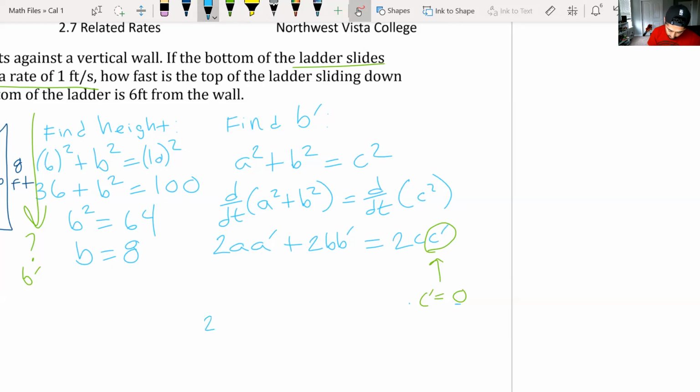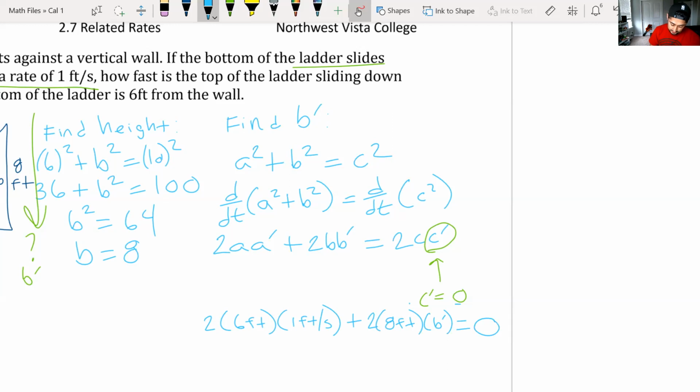So I get 2 times 6, and I'll put my units in, feet, times A prime, which is 1 foot per second, plus 2 times 8 feet times B prime, the thing we don't know yet, equal to, well, if C prime is 0, the whole right side is 0.